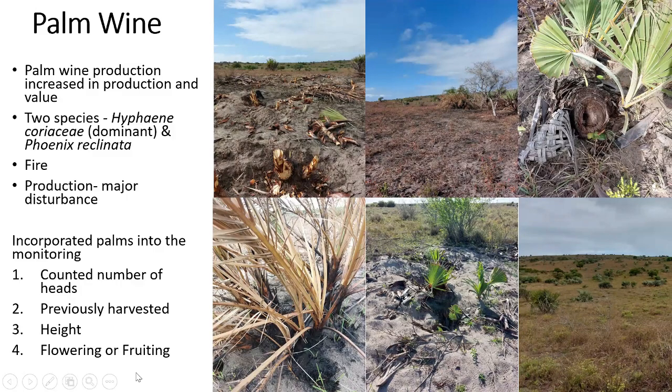So the veld often has to be burnt to clear out, so it's easier to work in the area. Then around the palm trees, there's further disturbance of digging and clearing out, so it can be tapped easily. What we noted was that palm trees were often served as nurse plants for other shrubs, and especially with trees. And the whole process of them burning, and because the burning can happen at any time of the year, is a significant disturbance.